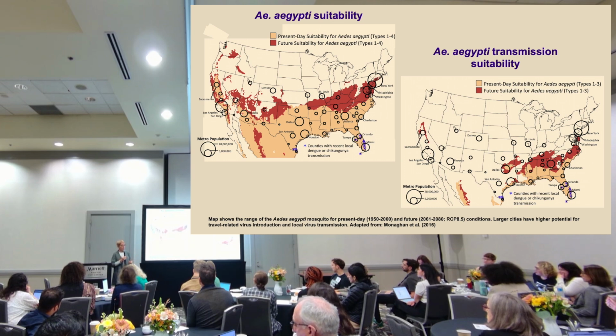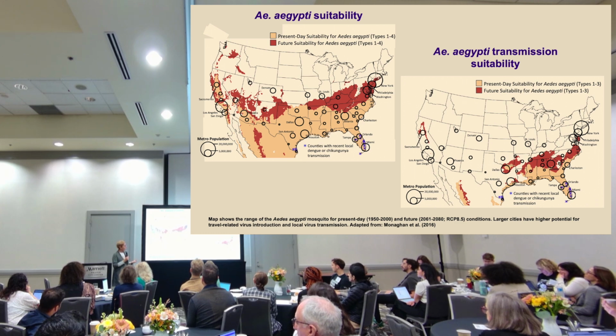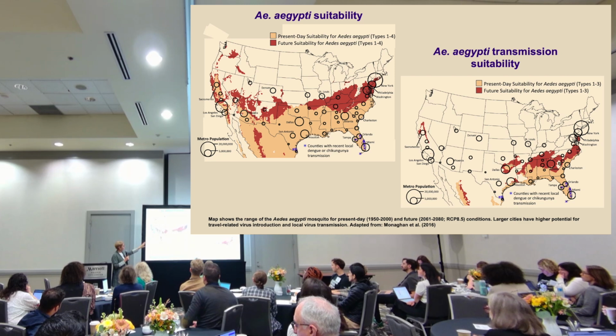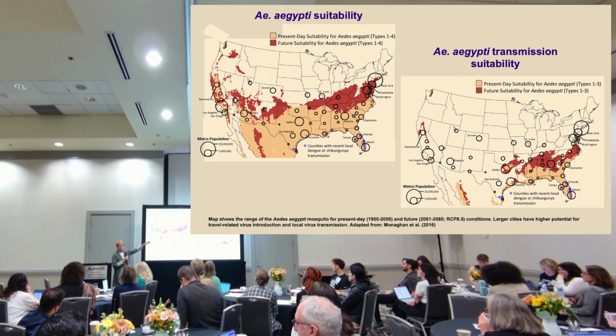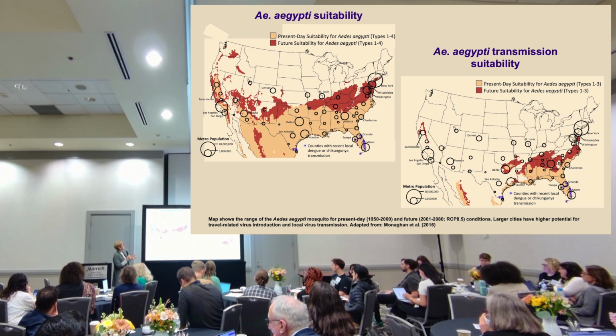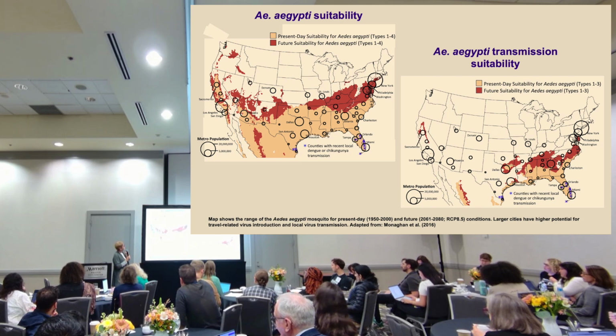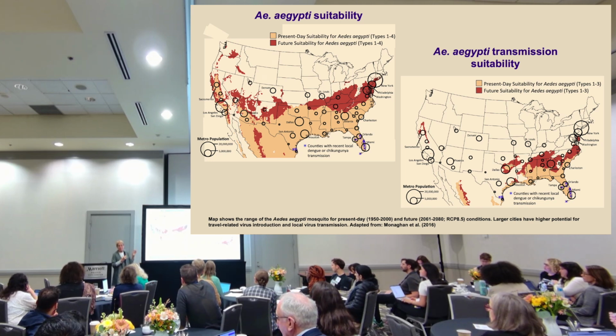Again, we don't have great vector surveillance in all of these states, so that's not clear. It's a modeling study. And projecting towards the end of the century under high greenhouse gas emissions is the red area. So it shows that the environment for this particular mosquito will change dramatically over the course of the century, including the possibility for Seattle up there to see Aedes aegypti.